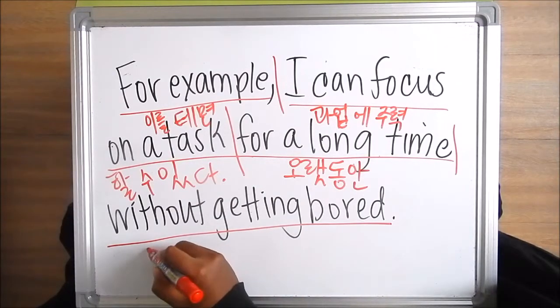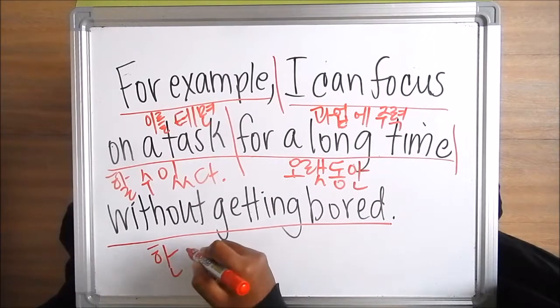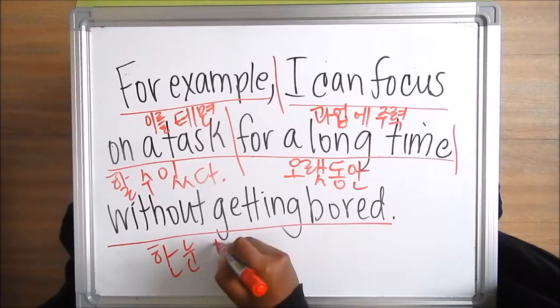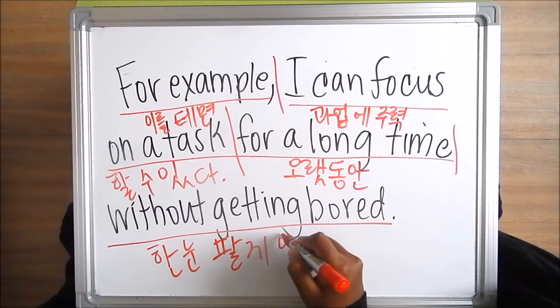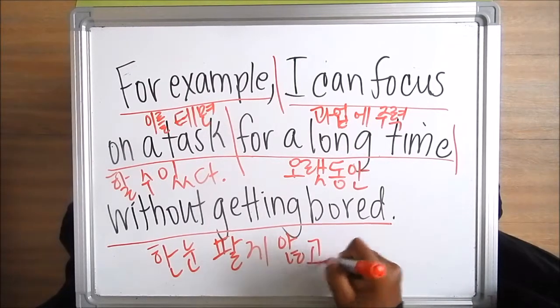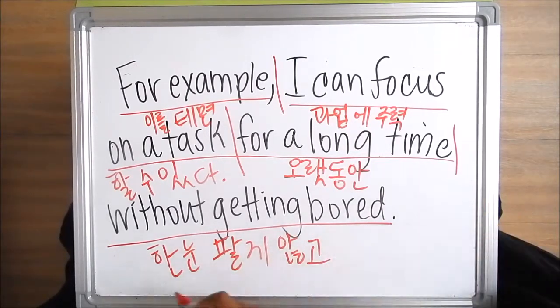So in Korean, I looked up actually a bunch of these, but 한눈 팔지 않고. So without getting bored and. So 한눈 팔다 means to get bored or to lose focus or to lose track of.